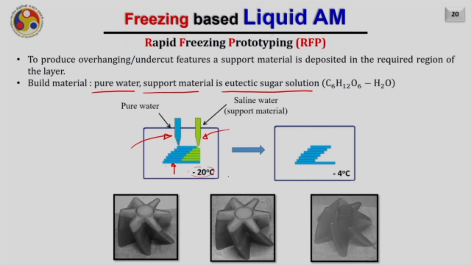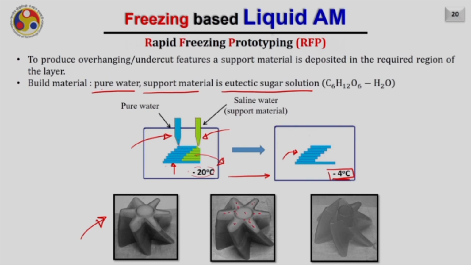Now if I increase the temperature and bring it to -4 degrees centigrade, the support material will go away, while the pure water will sustain at -4 degrees centigrade, and that will be nothing but your ice pattern. The same you can see in this diagram also. This is the part produced, along with the support right now everywhere.